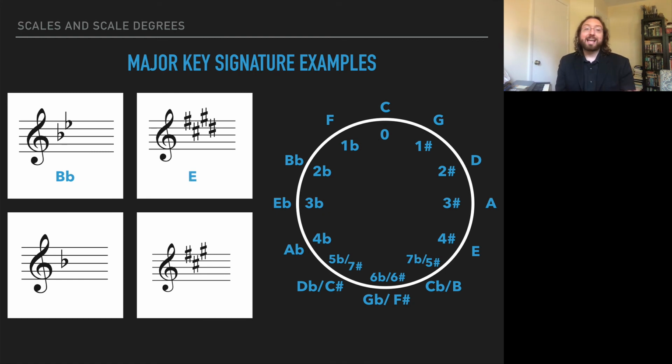The key of 1 flat, if we remember that for flat keys we look at the second to last flat, there is only 1 flat here, but that's the key that we memorize, that's going to be F major. And here's that key that we were looking at before, F, C, and G sharp. We know that G sharp will be the leading tone, that last sharp, and will resolve up to A.